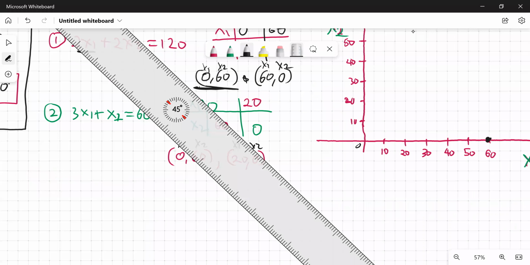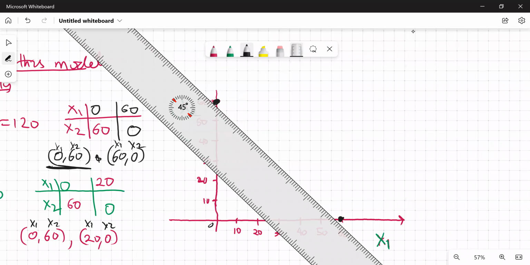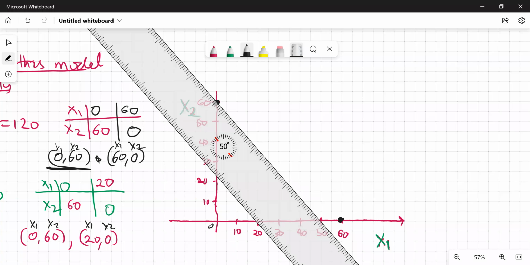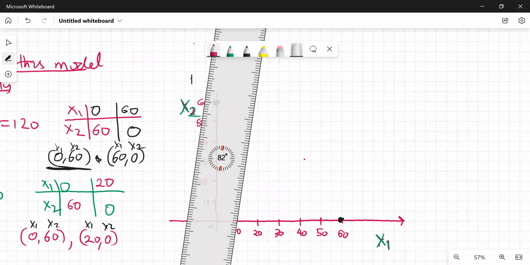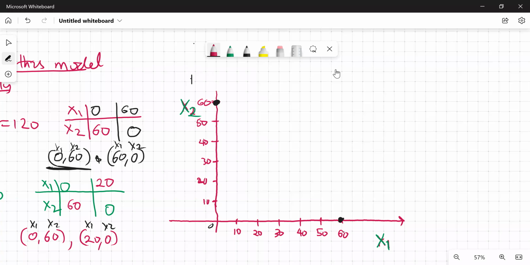You have a ruler somewhere. See, mine will work. Mine might not be very accurate, but you'll use a ruler to draw that line.